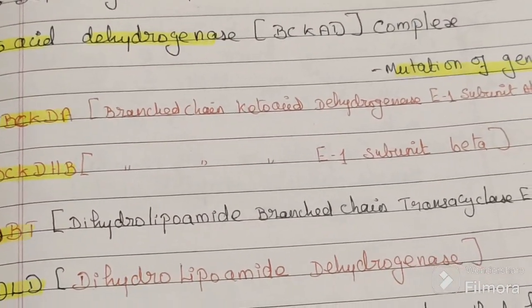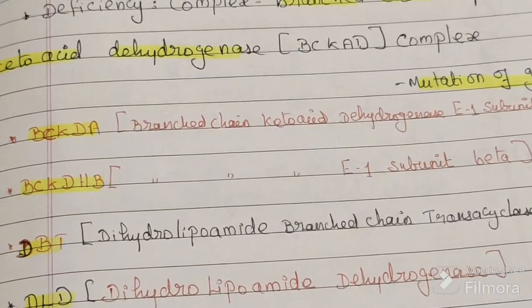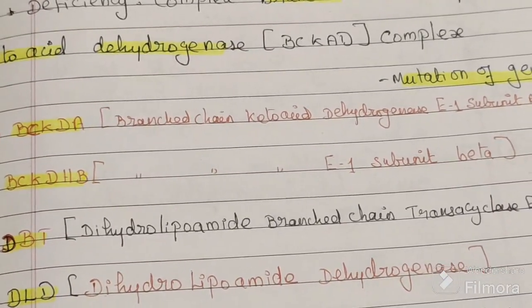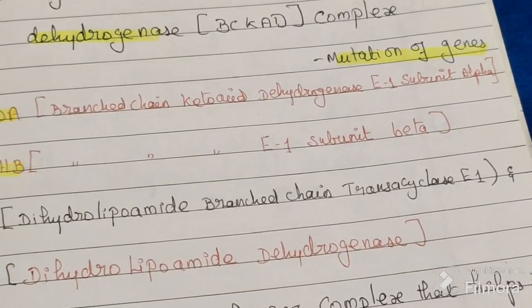First one is BCKDHA, branched chain keto acid dehydrogenase E1 subunit alpha.